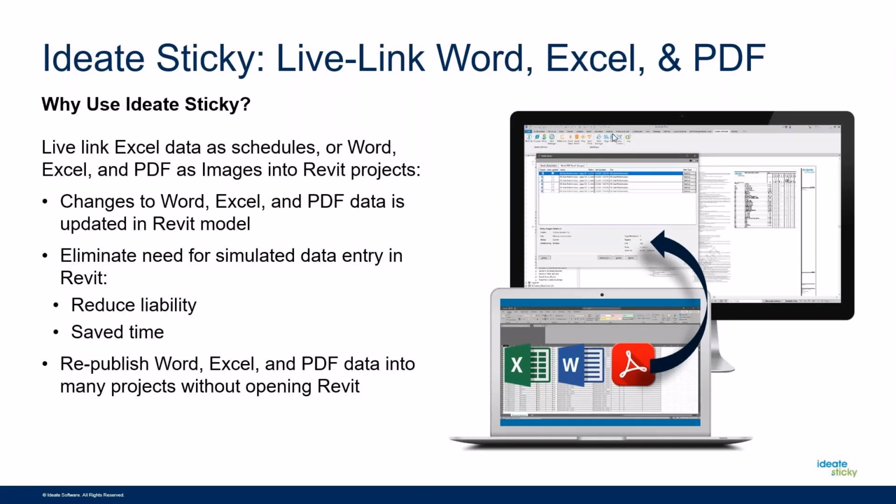So this could be code lists, general notes, or manufacturing data. There's a lot of information contained in these files that may need to be on a Revit sheet, or, if it's a particular detail in PDF, it could be within a drafting view. That can work out very well.